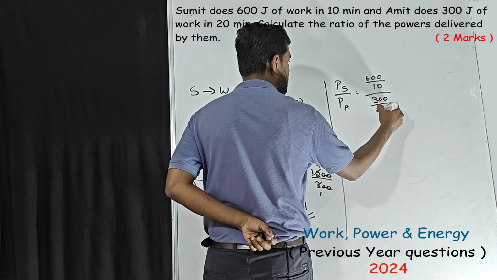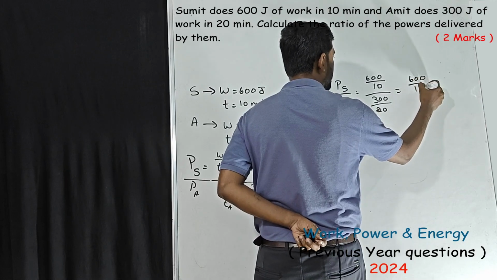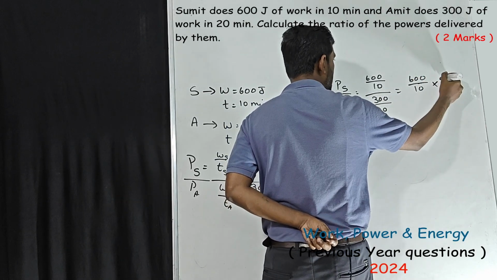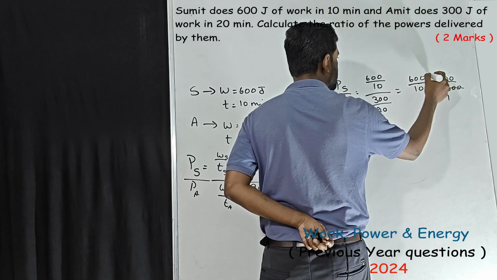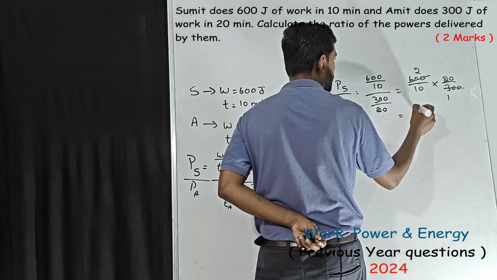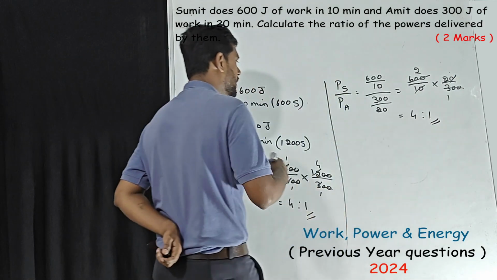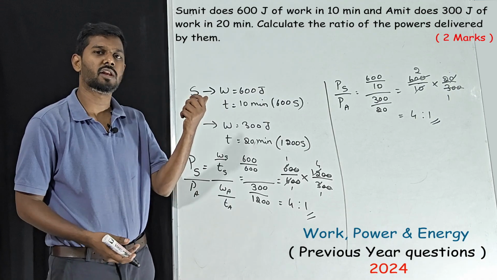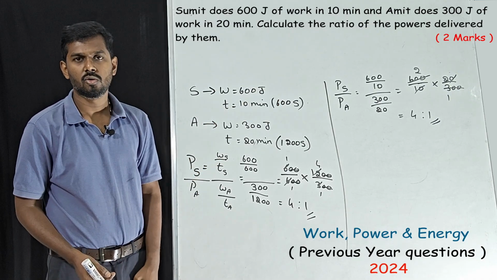He has taken time as 20 minutes. Next, 600 by time into, instead of division we'll go for multiplication, then it will be 20 by 300. 300 ones are 300, twos are, so 0 get cancelled, 4:1. You can go for any method. So my suggestion is, when it comes to comparison or ratio form, you don't have to convert into SI units, you can directly go there.